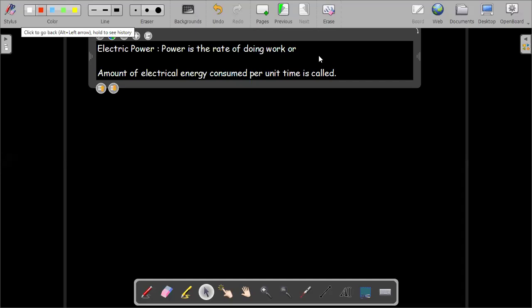Okay, so with the formulas, let's proceed now. What are the formulas here?